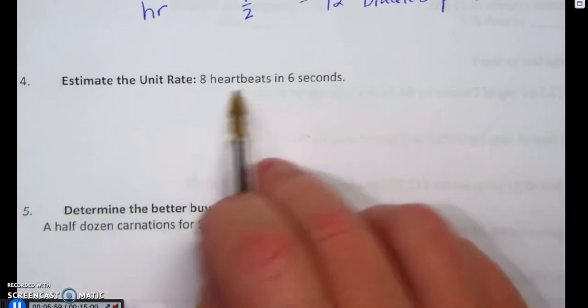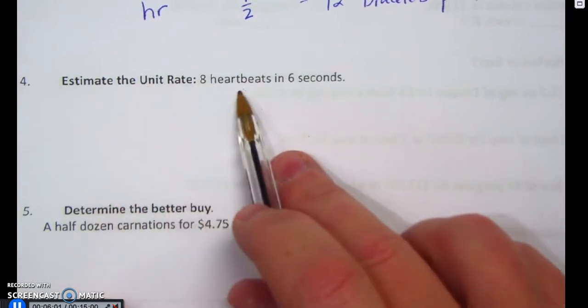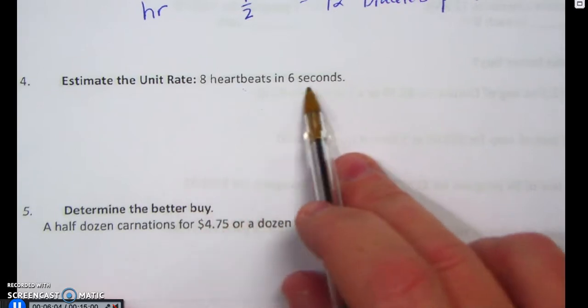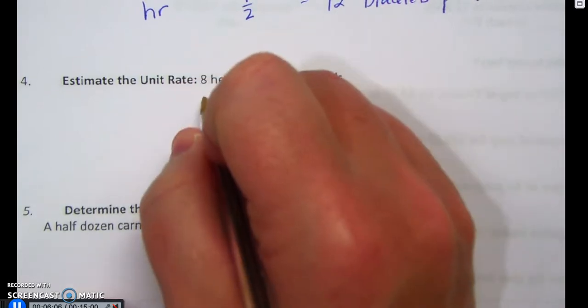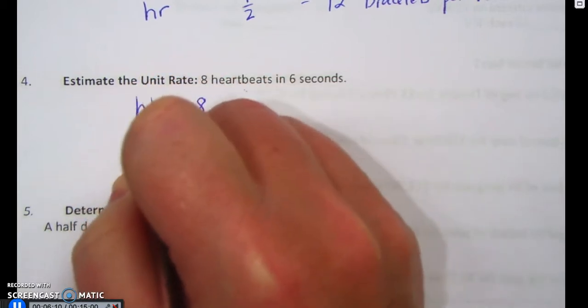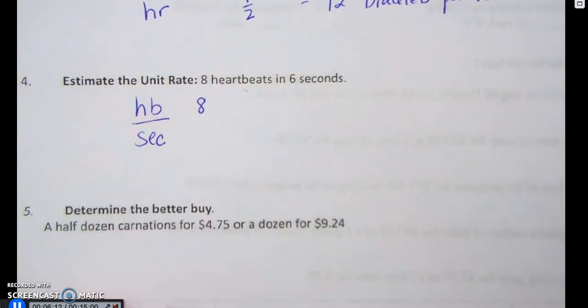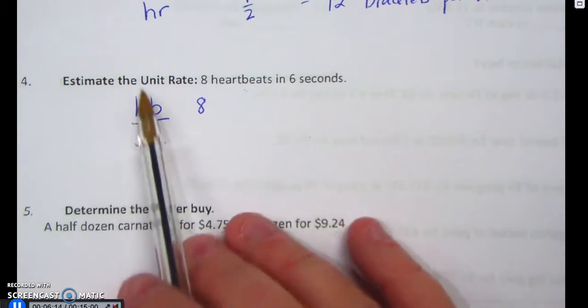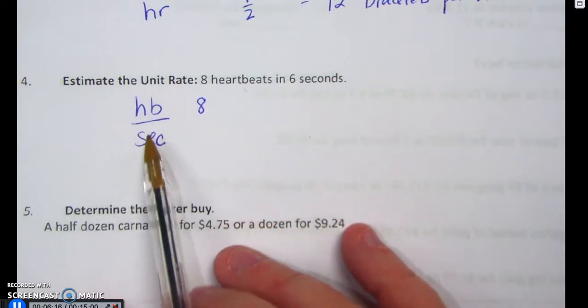All right, heartbeats. Estimate the unit rate. 8 heartbeats in 6 seconds. So we've got 8 heartbeats. We'll do heartbeats per second. Okay. And I don't mind you guys abbreviating like that, but show me your units. Okay, that's important to me. All right.